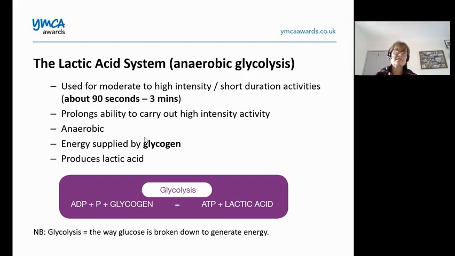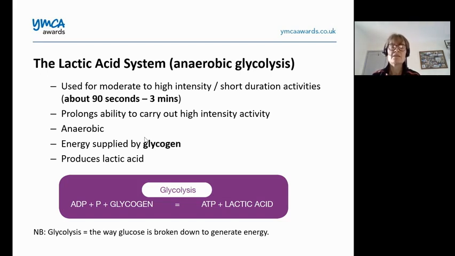So let's move on secondly to our lactic acid system. If you remember, it's also known as anaerobic glycolysis. So we know it's anaerobic, it doesn't use oxygen. Glycolysis is going to use glucose, the breakdown of glycogen into glucose, as the fuel. This is the system that's used after your ATP-PC system runs out. So this is more moderate to high intensity, still quite high intensity, but not as high as the previous one, short duration.